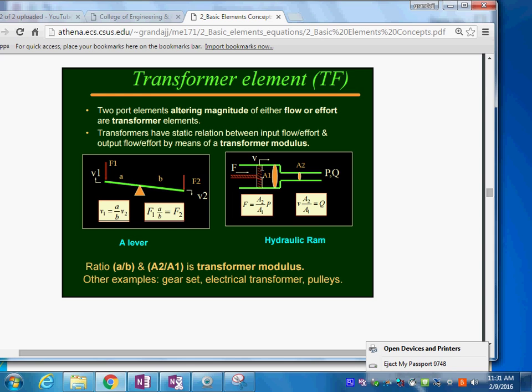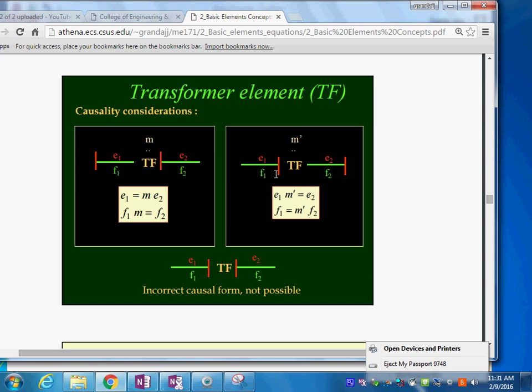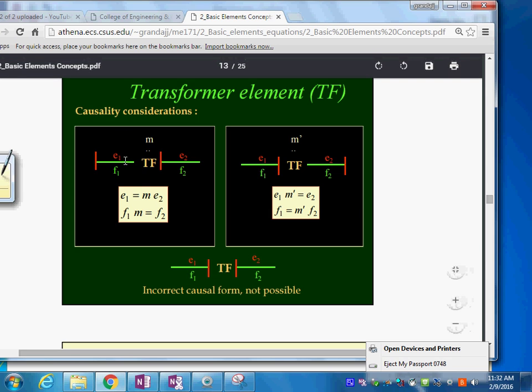So E1 is m times E sub 2. But for the flow, F1 times m equals F2.